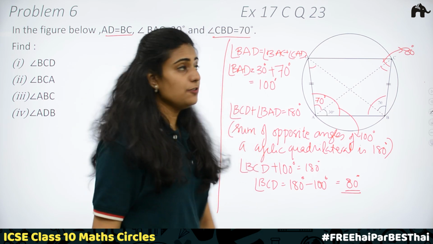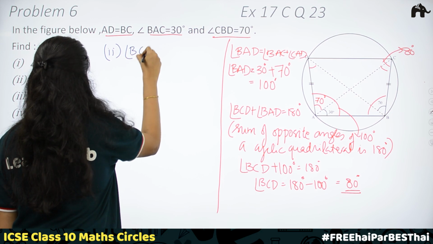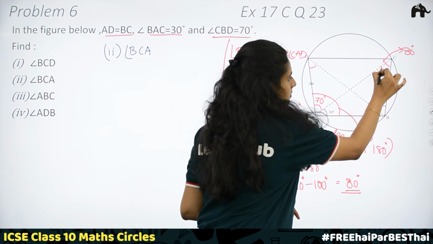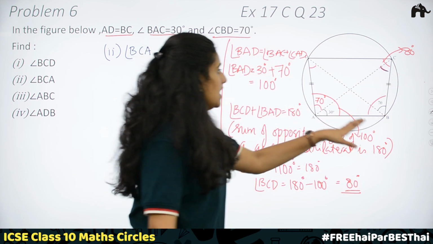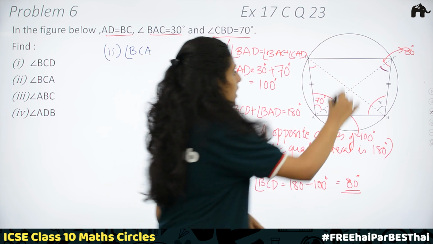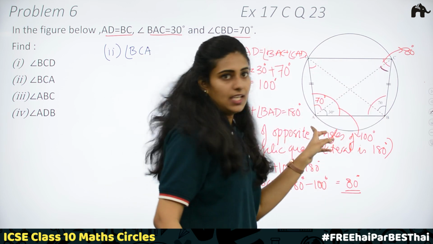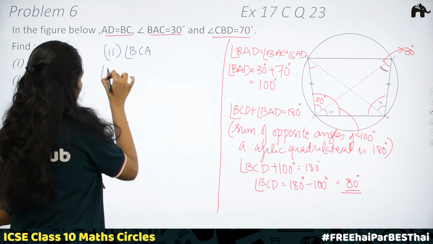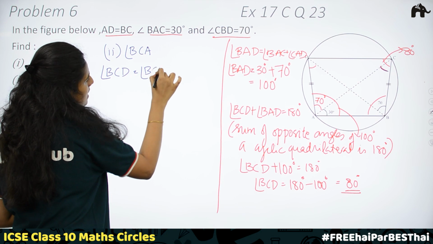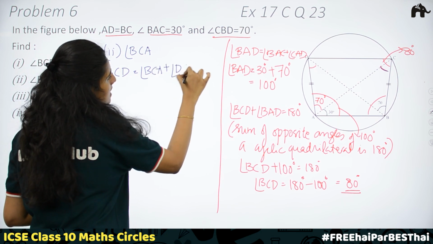Clear? Now to find the second angle, that is angle BCA. Where do we have BCA? BCA is this part. BCA is a part of angle BCD. From BCD, if we subtract this ACD, we get BCA. Angle BCD is equal to angle BCA plus angle DCA.